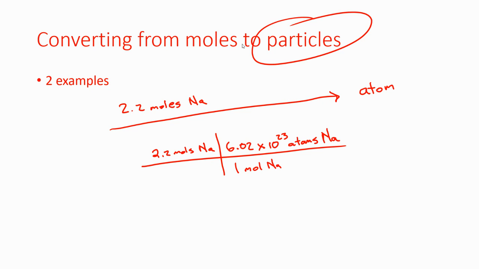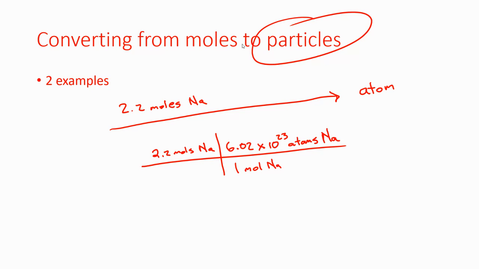On my calculator, I'm going to say 2.2 times 6.02 E23. Let's talk about how you get that E symbol to appear. On the typical TI calculator, you hit the second button and then find the comma, which is usually placed right above the number 7.